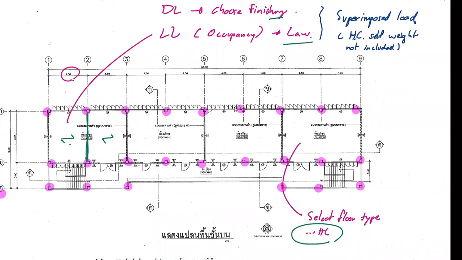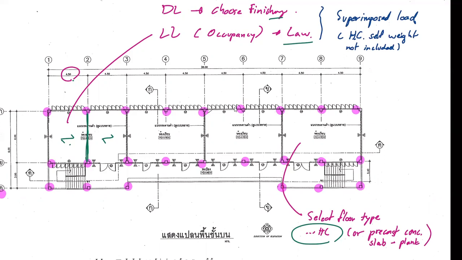Okay, I was going to say something. You may not need hollow core because 4.5 meters is not long. You may use another floor, which is lighter. It's called precast concrete slab, or sometimes it is called plank.